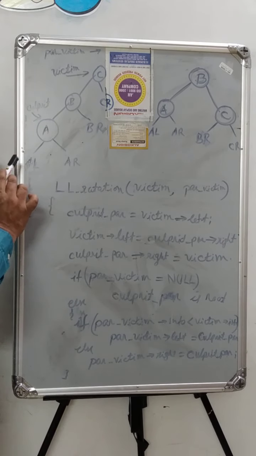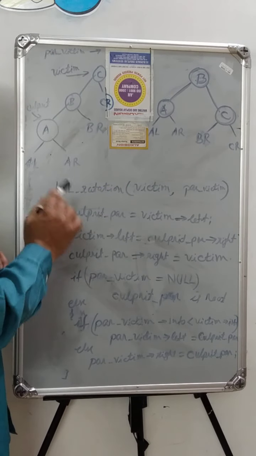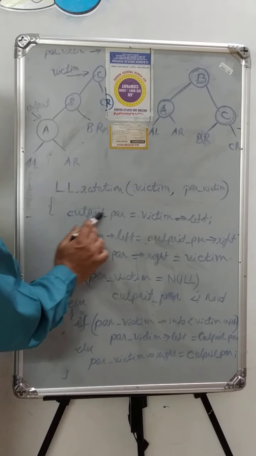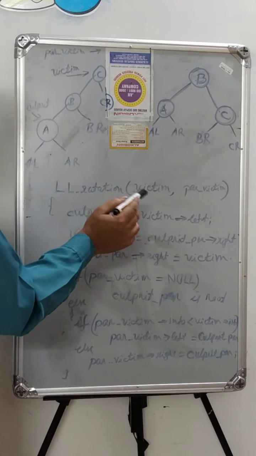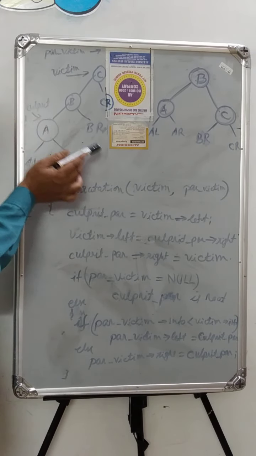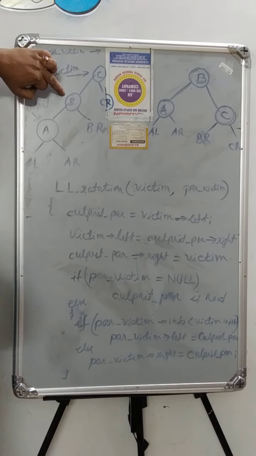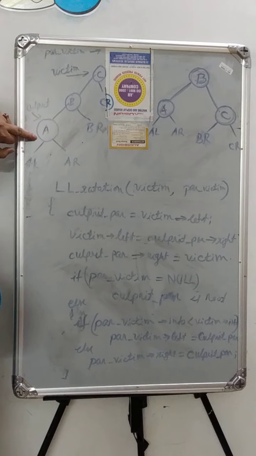So before we maintain these pointers, first we have to know about the culprit's parent. Now, because the whole pointer modifications are coming around the B, around the node B. A causes the imbalance.